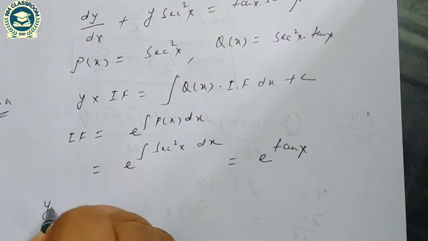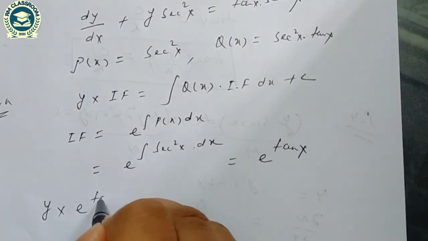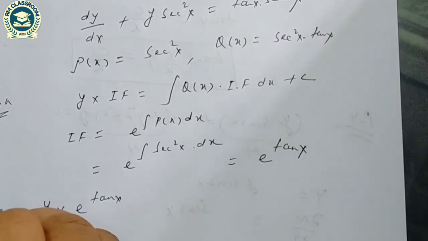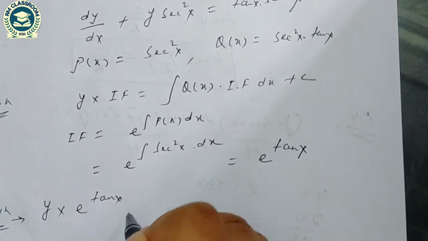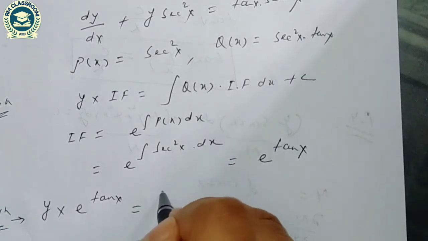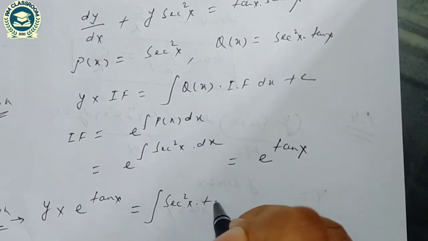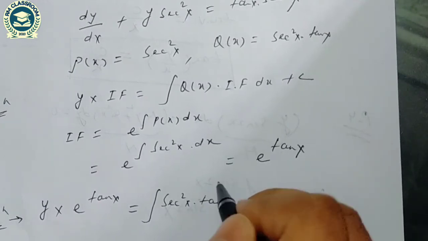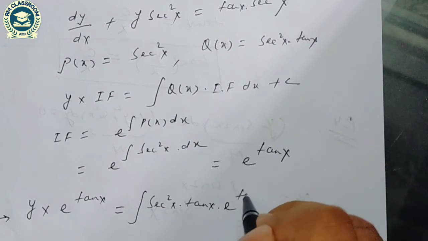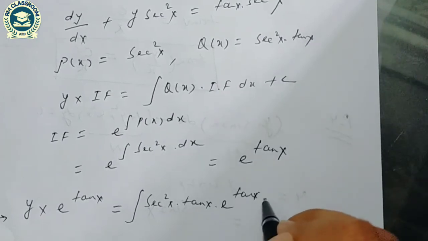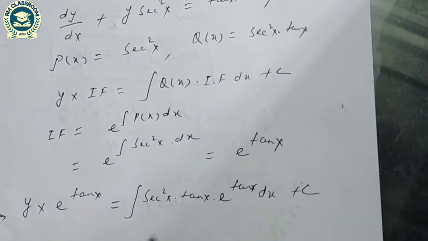So the solution of this differential equation is y times e to the power tan x equals the integral of Q(x), which is sec²x tan x times e to the power tan x, dx plus c.